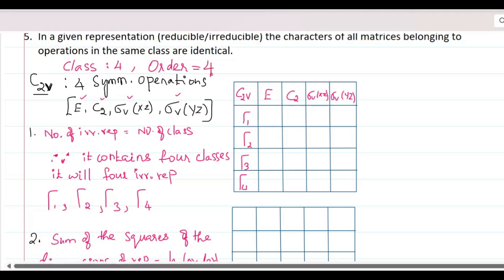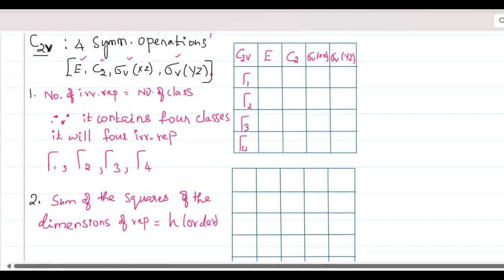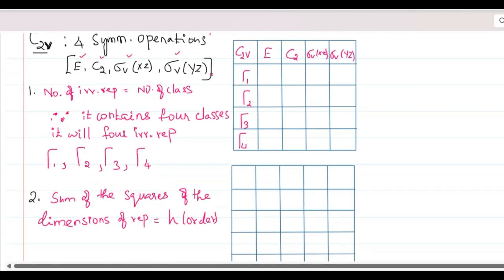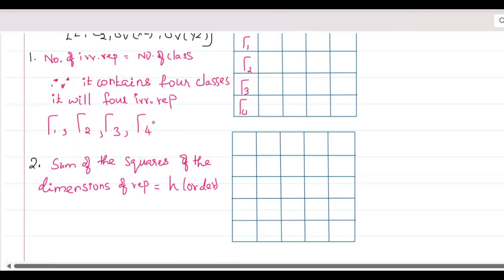Now let us see. The sum of the squares of the dimensions of the representation is equal to the order of the group. Let the characters of E be called dimensions.